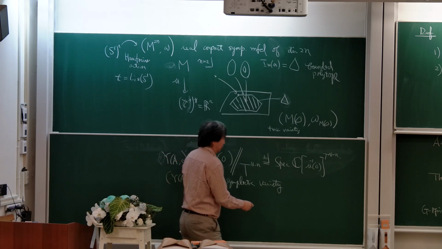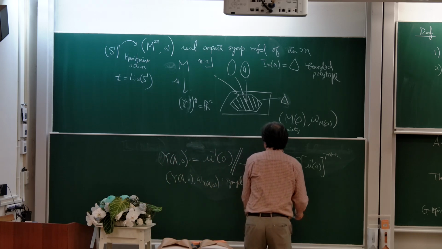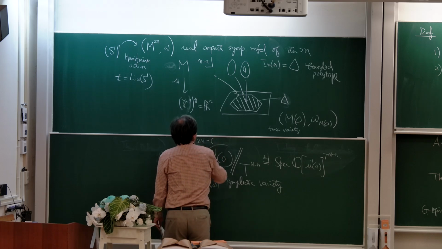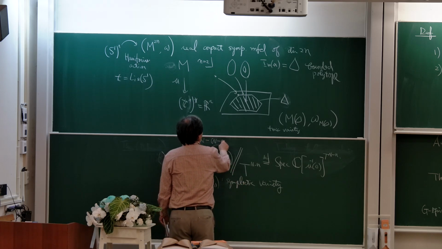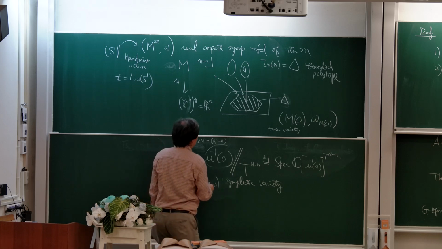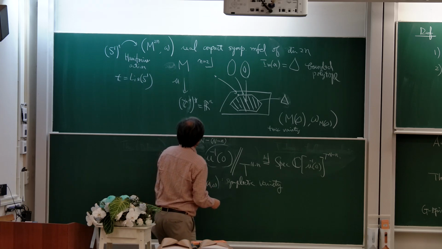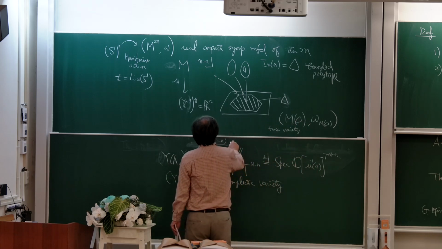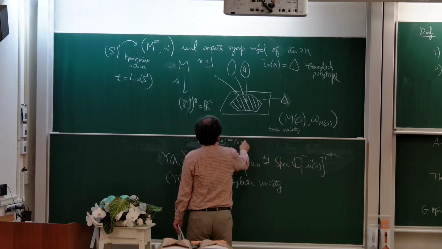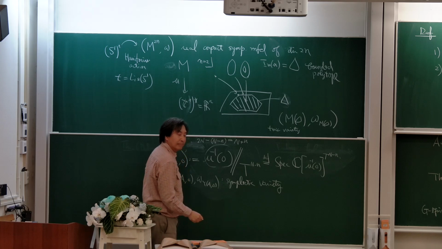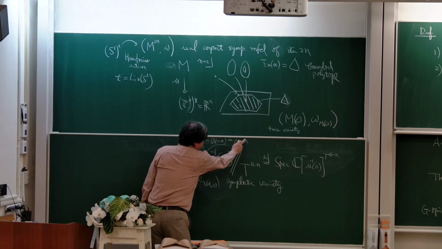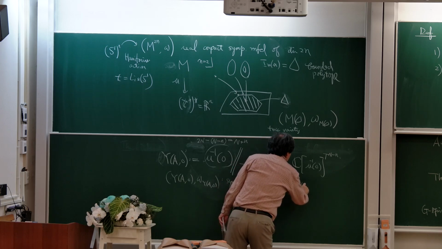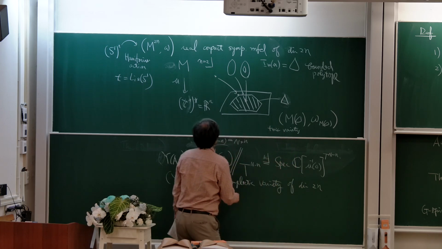It is 2N minus (N-n) minus (N-n), which is 2n. So the dimension is 2n.